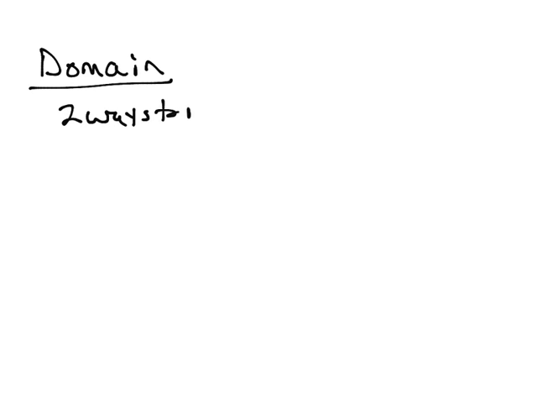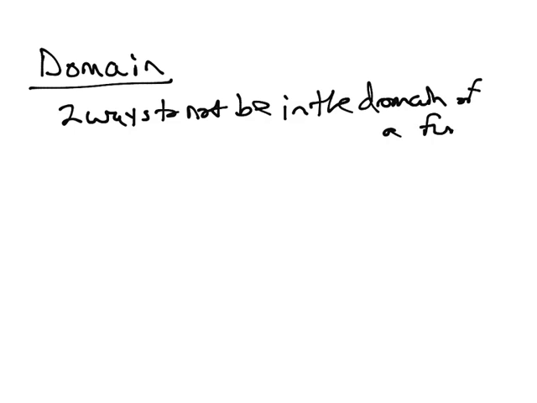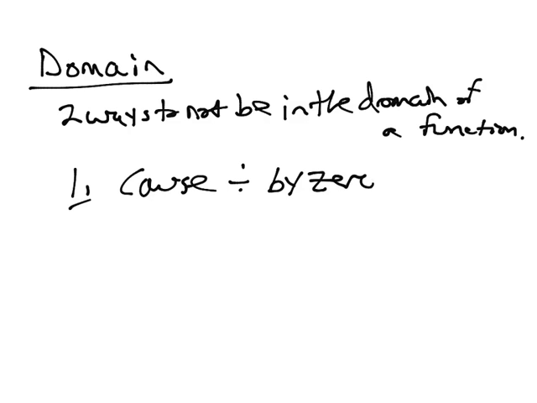2 ways to not be in the domain of a function. Number 1, division by 0.